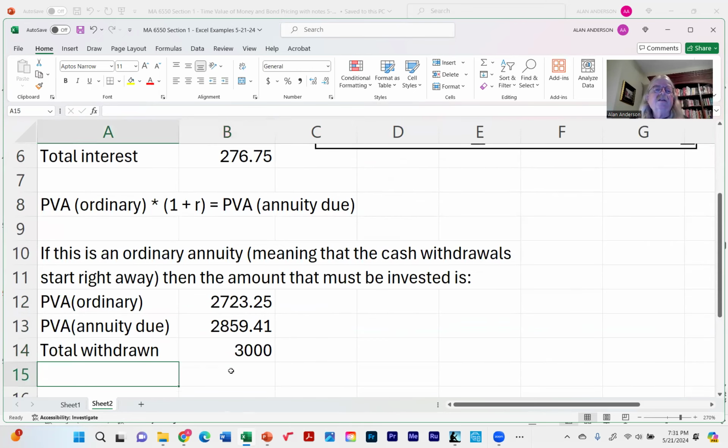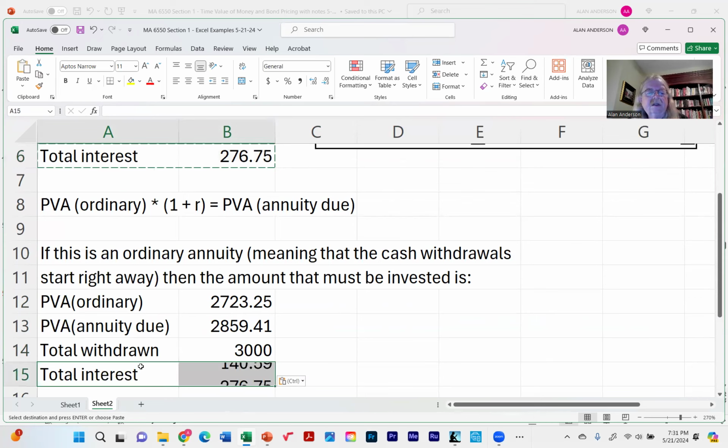And that implies that the total interest is less. And of course it is, because there was less time for the money to accumulate interest. Okay, the money was being withdrawn sooner, therefore there was less interest, and therefore we have to put more money in the bank now in order to reach the same goal.